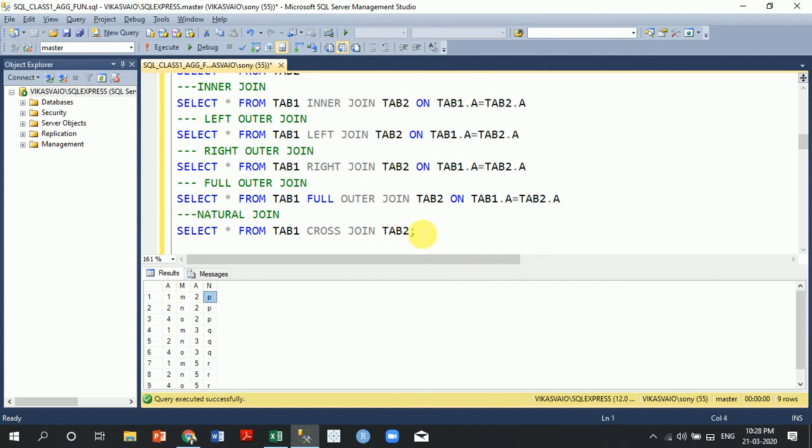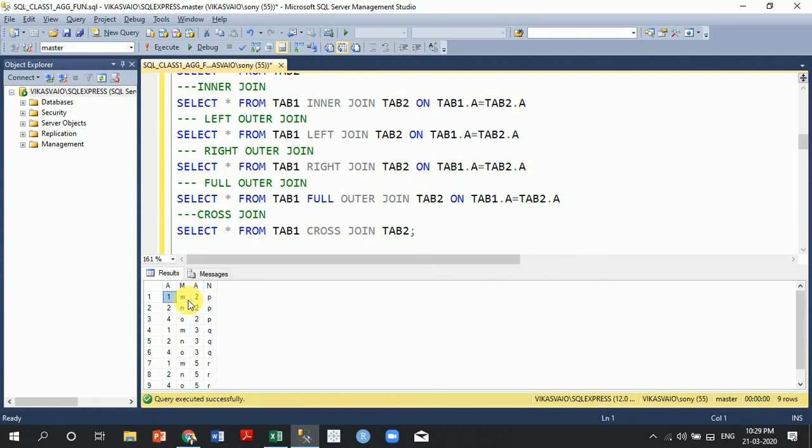And if you apply an equality condition over here, it will work like an inner join. Let's hold natural join for a while, we are going to cover cross join. Now you can see the result is getting displayed.